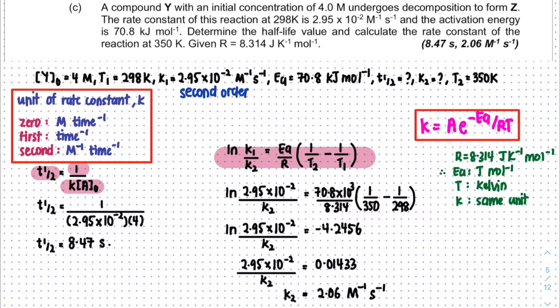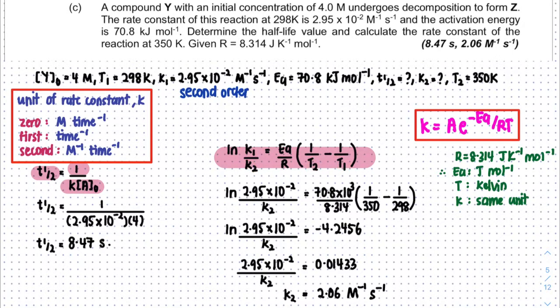So what we are going to do is use this formula: ln(k1/k2) equals Ea over R times (1/T2 minus 1/T1). It means that when T is a certain temperature, that will be the k. If the temperature is T2, that will be our k2.